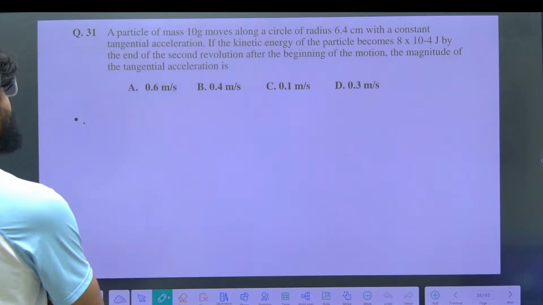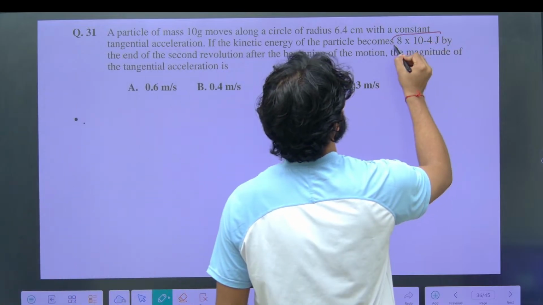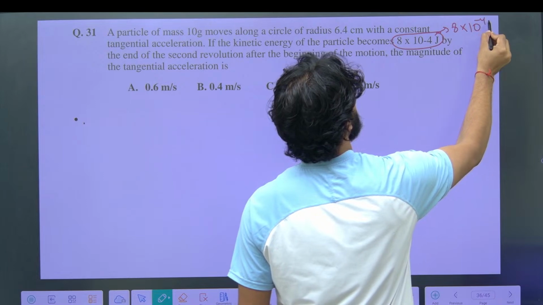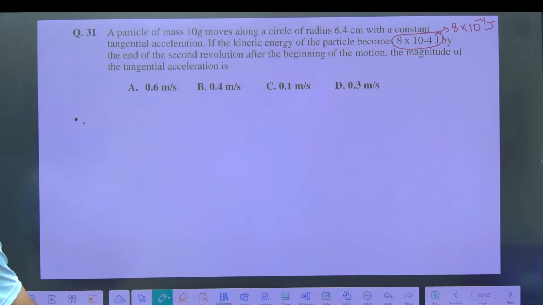31st: a particle of mass 10 gram moves along a circle with a constant tangential acceleration. By the end of the second revolution after the beginning of the motion, the kinetic energy is given; what is the magnitude of the tangential acceleration?